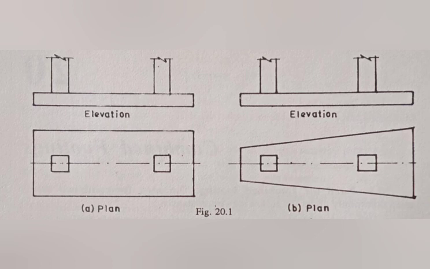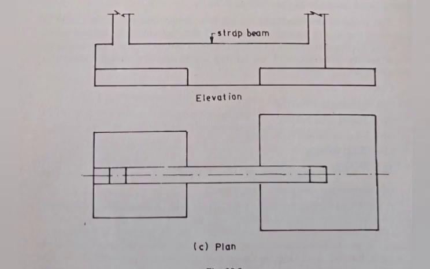When the loading of the columns is equal, rectangular shape is used with advantage. In trapezoidal footing, the greater width of the trapezium is near the heavier column, where shear stress usually governs the thickness of footing slab. This is strap or cantilever footing.